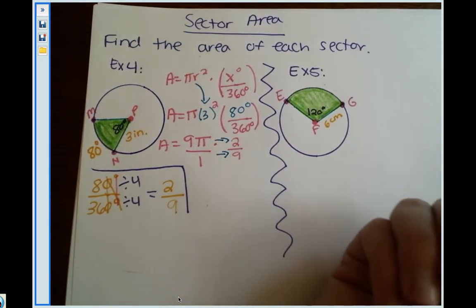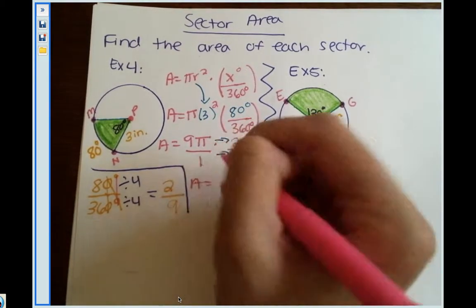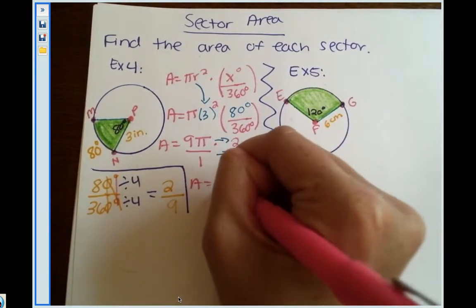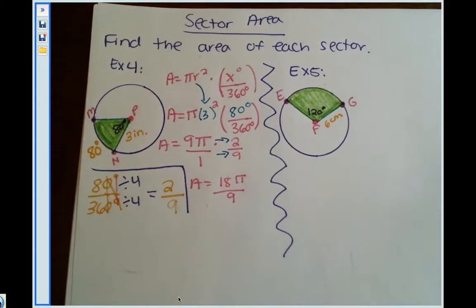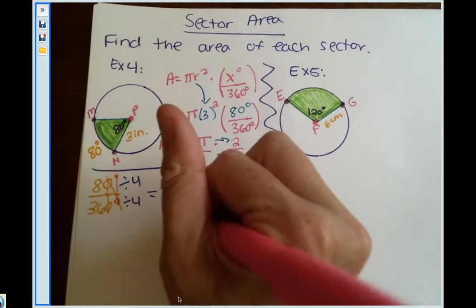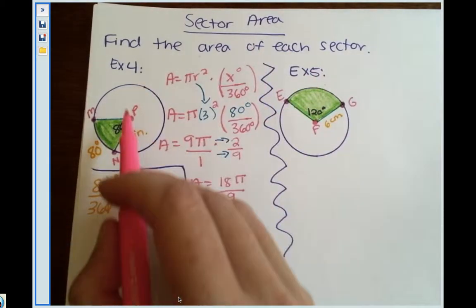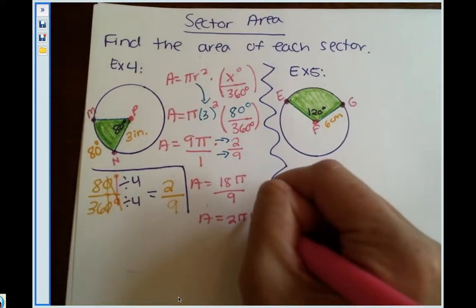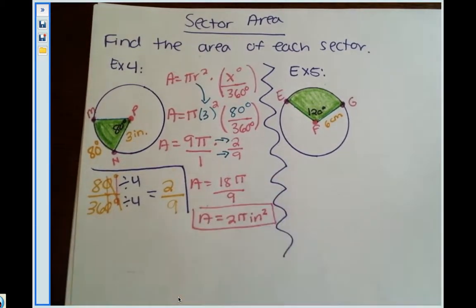So our area is going to be 9 pi times 2, which is 18 pi, over 1 times 9, which is 9. Then I can reduce that further: 18 over 9 is 2. So area equals 2 pi, and my units are in inches, so area is 2 pi inches squared.